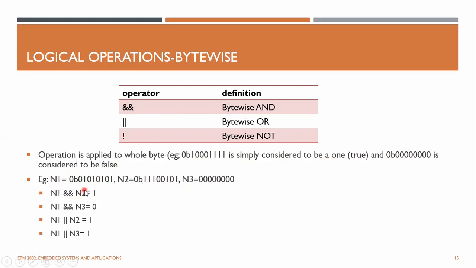N1 and N2 is again 1. So 1 and 1 is 1. N1 and N3 is 0. N1 is 1, N2 is 1, so N1 or N2 is 1. N1 or N3 is again 1, right? So you are taking this whole number. If it is more than 1, it is 1. If it is 0, it is 0.